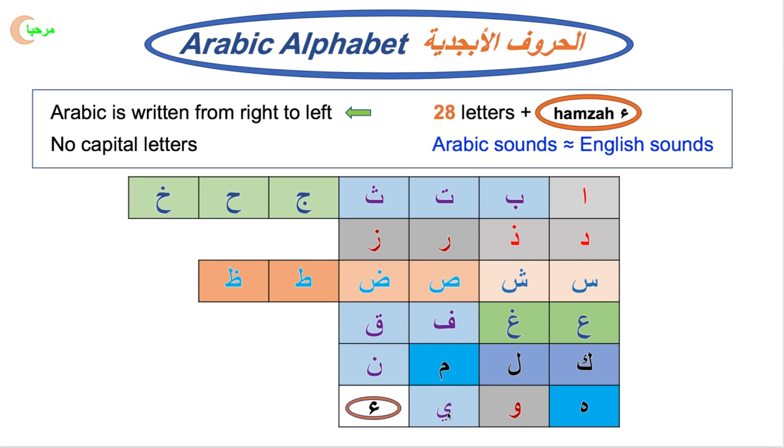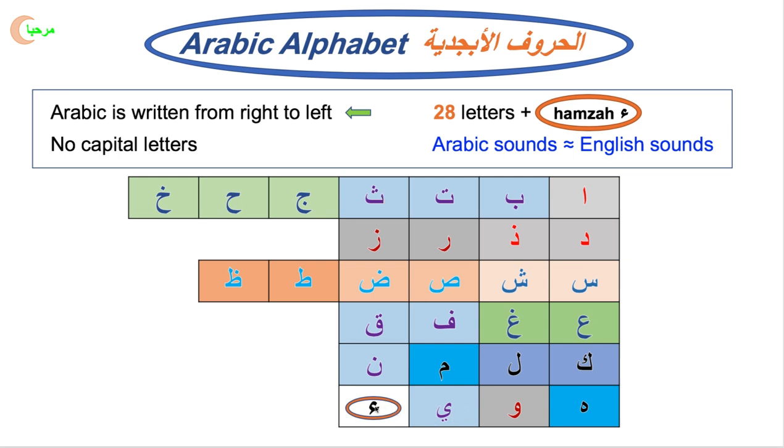Then we go to the last one here, before the Hamza, the special character. This one here is in purple. The reason for that is that this letter, in some cases, is written the same way as these three. So that's why I have it in purple.